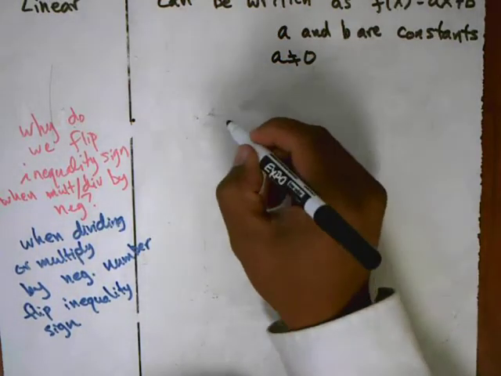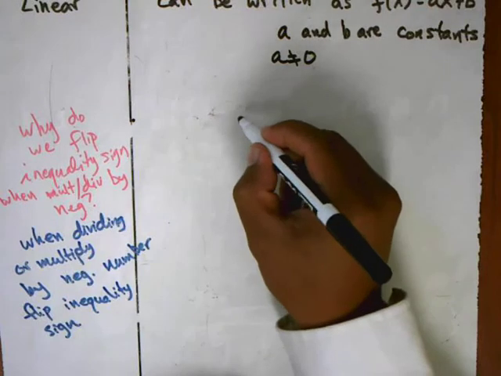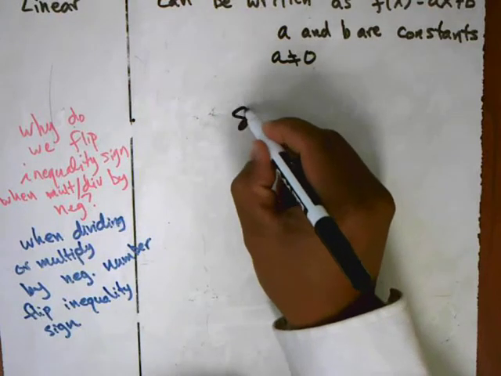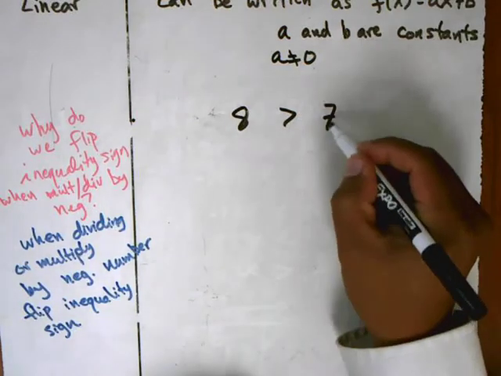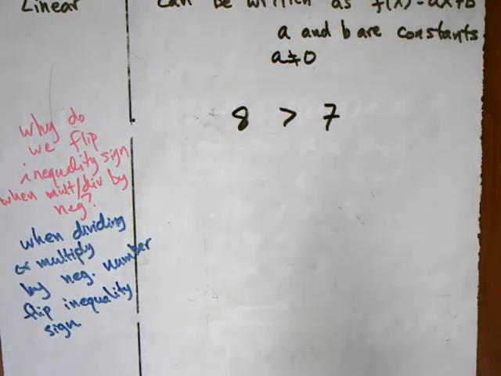Let's say you had an inequality 8 is greater than 7, and of course we know this is absolutely true. But what happens when we multiply both sides by a negative number?